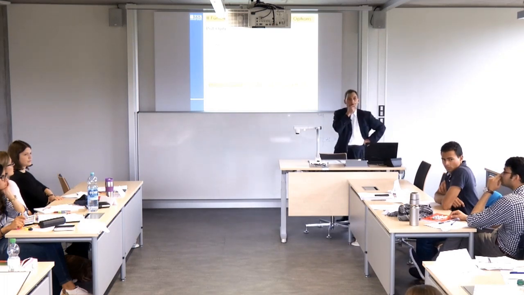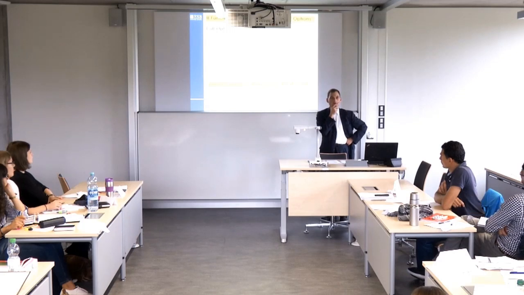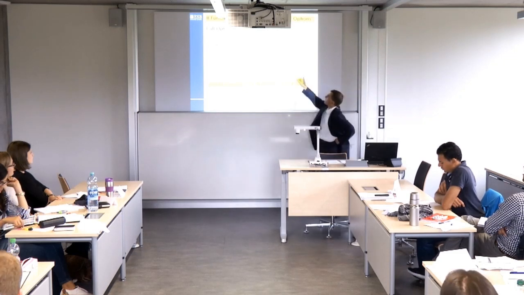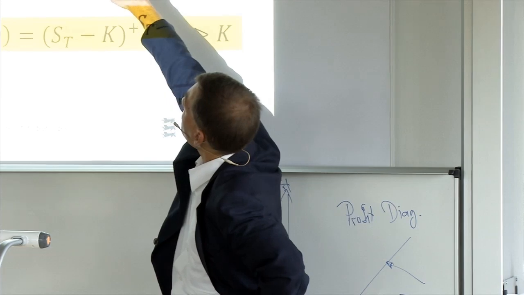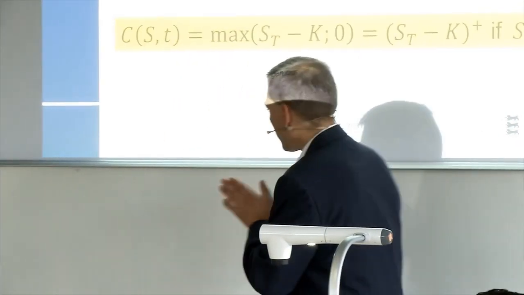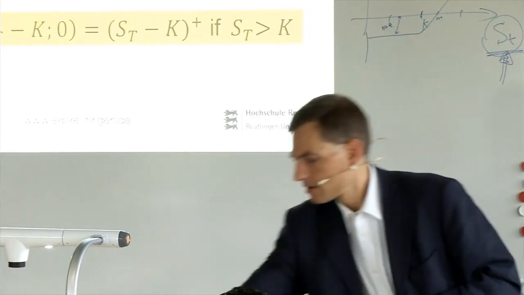Okay. Could you explain once more why the slope is 1, why it's 45 degrees? The question is, why does the red curve slope up with 1 or 45 degrees to the right of K? Think about the following.